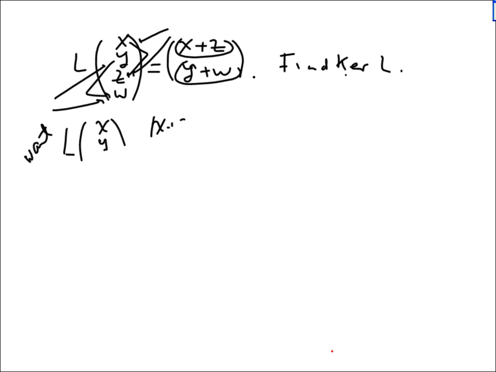But some subsets of V turn out to be subspaces. Some subsets of V happen to be subspaces of V. Is that the case here? Is the kernel of L just a subset of V, or if you prefer, a subset of R4 in our last example, or is it something more?